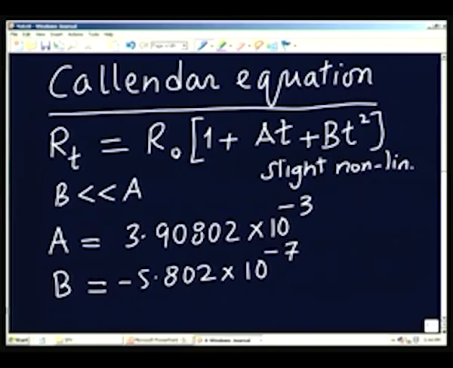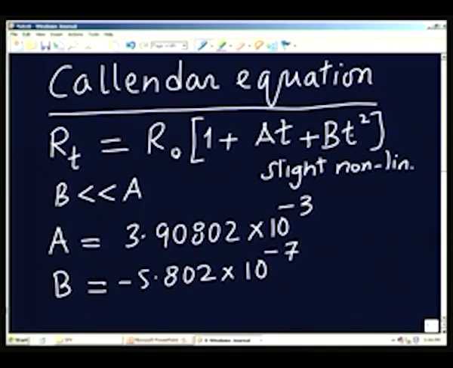So, you will appreciate now that when we use the resistance thermometer over a wide range of temperatures, the nonlinearity is going to become important, because B is going to multiply by the square of the temperature, and if the temperature is 100, for example, the square becomes 10 to the power 4.